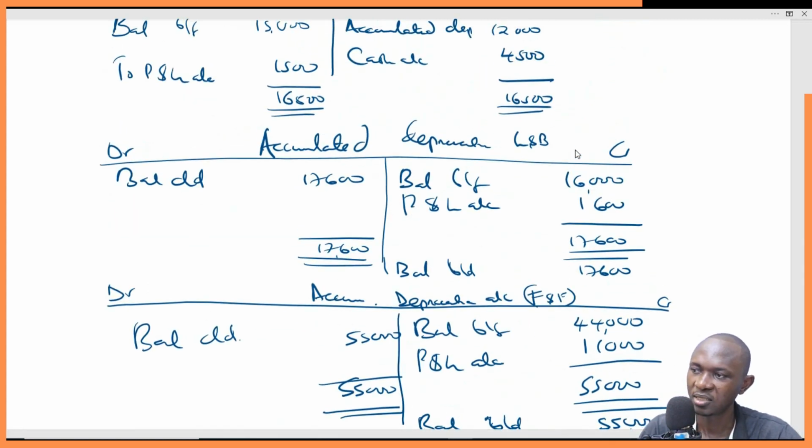This is what is happening. The asset account is a positive account. Depreciation will reduce the asset.